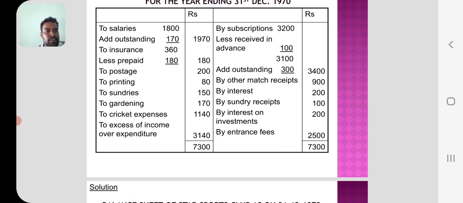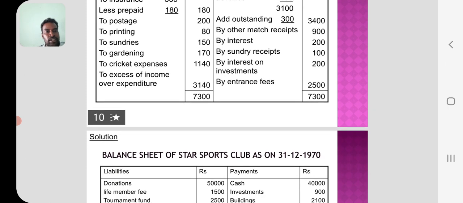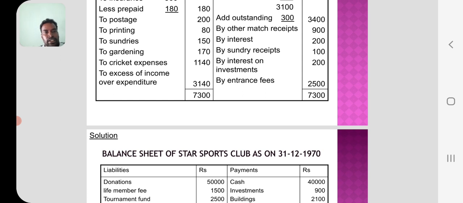By interest we are receiving 200. Sundry receipts are a collection of small incomes, sundry receipts 100. Interest on investments 200, entrance fee 2,500. The balance is 3,140. It becomes a surplus.